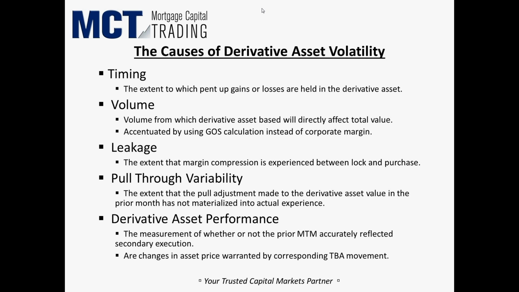The value of the pull-through haircut may be different than the volume haircut, meaning that if I have a forecasted pull-through of the open pipeline of 73% on my coverage breakdown tab, I can't multiply that 73% times the open pipeline volume and arrive at my actual derivative asset entry.